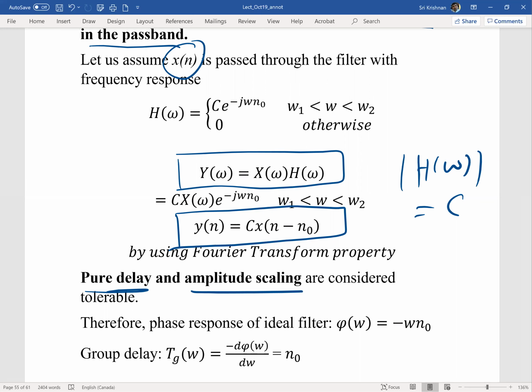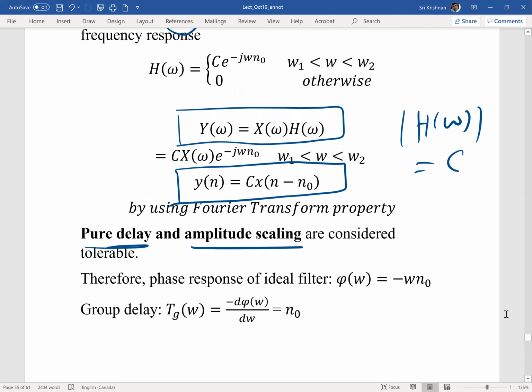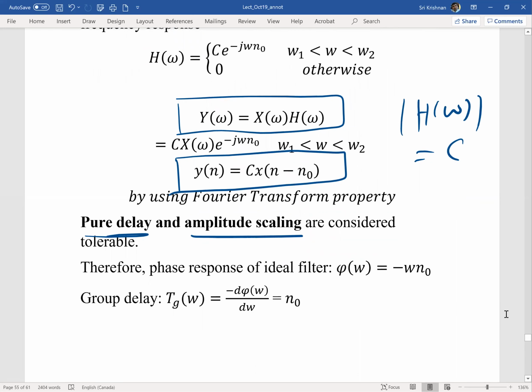Now, how would this be a linear phase? The phase response, as I indicated before, is minus omega n naught. If I were to compute the time delay, in some cases also called group delay if you have more than one frequency component, we differentiate this phase response with respect to omega. When we do that, we find the whole thing is just delayed by n naught.